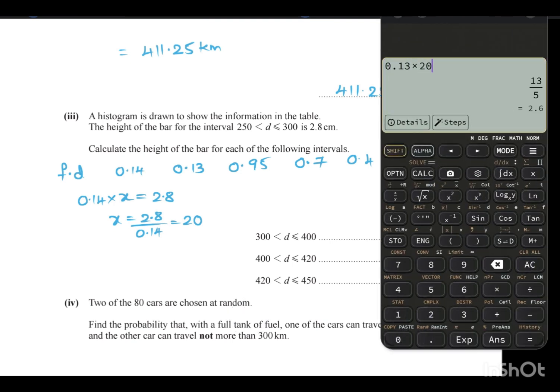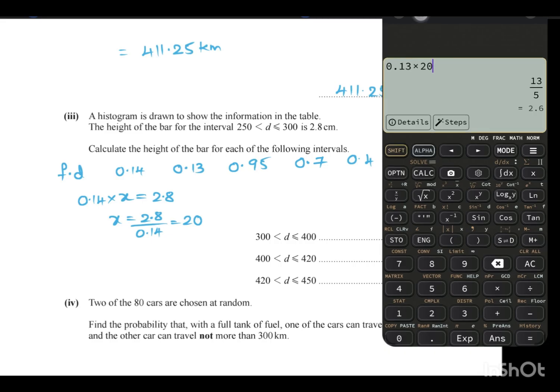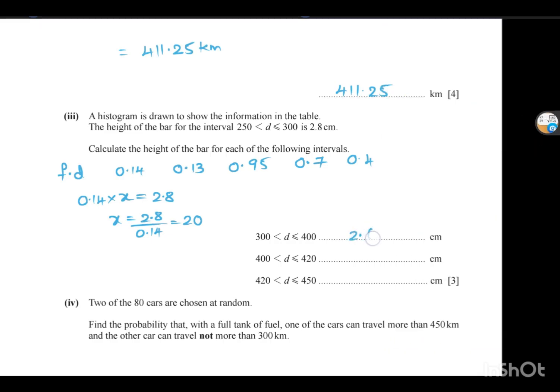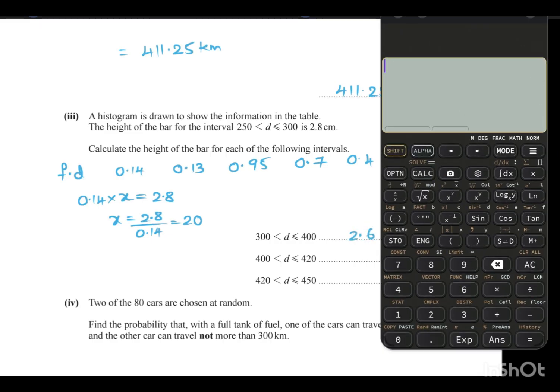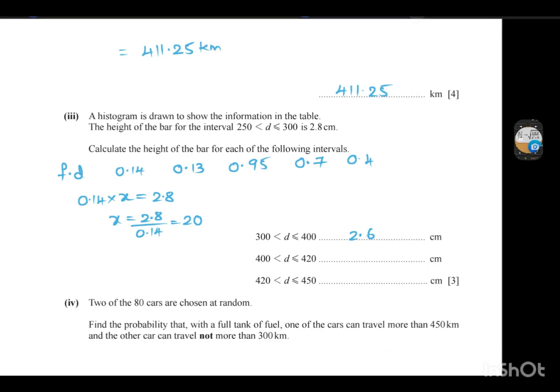0.13 into 20, 2.6. So this is 2.6. 0.95 into 20 is 19.